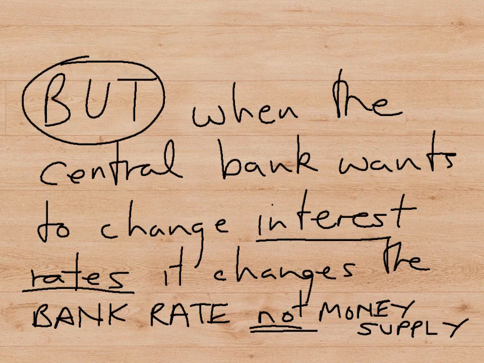Instead, it changes the bank rate directly, which is entirely within the direct control of the central bank. So the message is, when the central bank wants to change interest rates, it could potentially do it in two ways. It could change the bank rate, which is the interest rate it charges to commercial banks when they borrow money from the central bank, or it could change the money supply. It chooses to do the former, the first one. It changes the bank rate. It does not use the money supply.